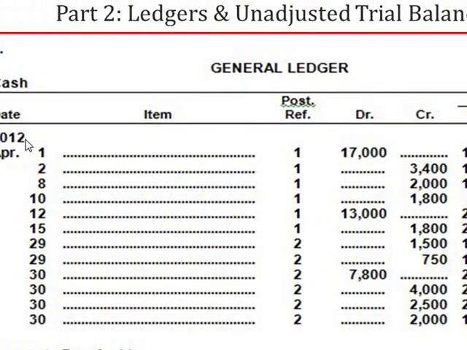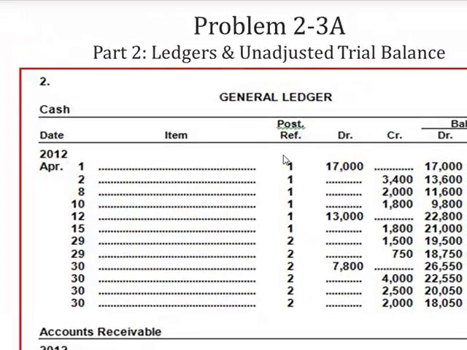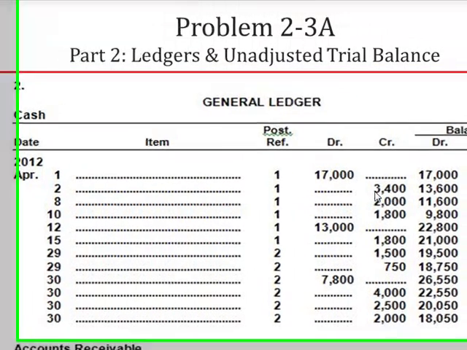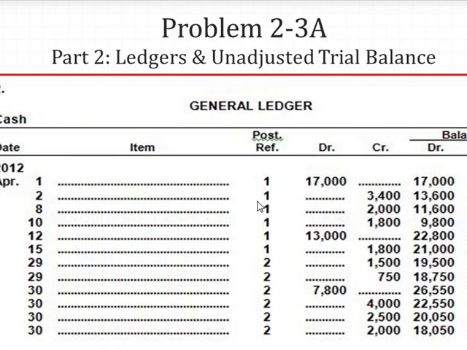So for cash, on April 1st, on journal page number 1, we debited cash for $17,000, bringing the balance for cash to $17,000. On April 2nd, we credited cash for $3,400 on journal page number 1, bringing the balance down to $13,600.